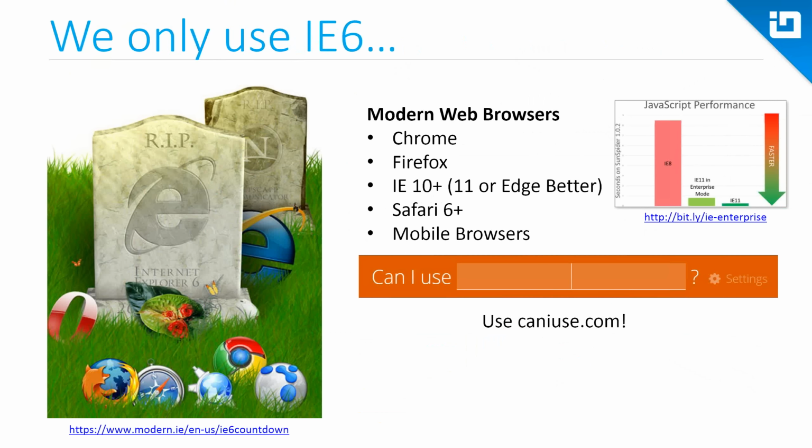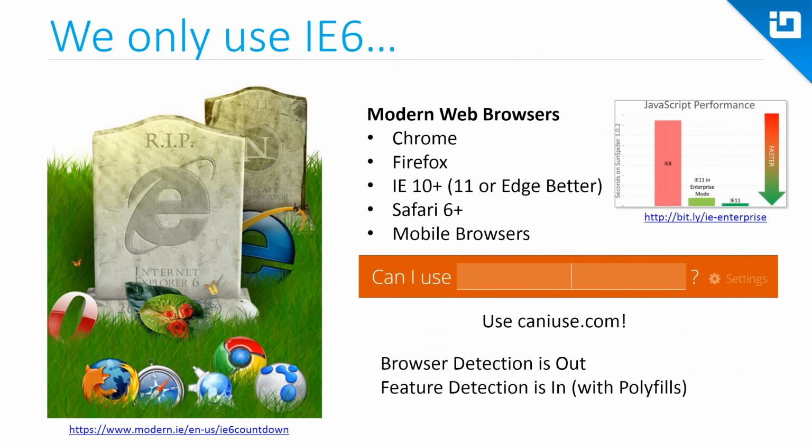Another key shift is, we'll see here, we're moving away from browser detection. So anyone who did web development before, maybe even a little bit of it, it wasn't unusual to say, if IE 6 or something like that, do all this code, otherwise do all this code. And that's out. Sometimes it's still necessary, but most of the time what you want to opt for is feature detection.